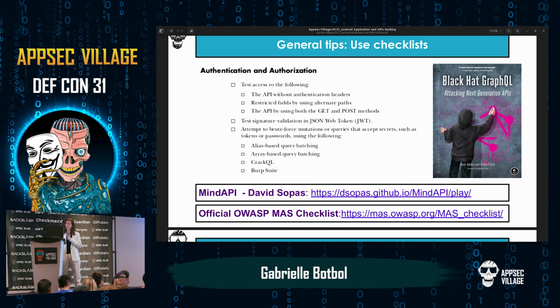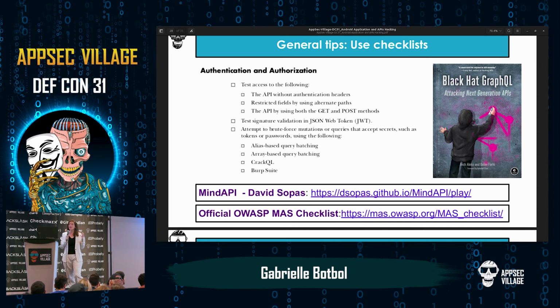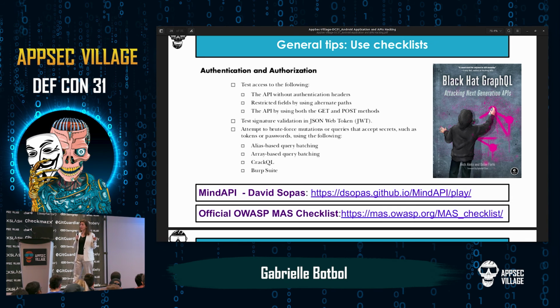And so there are multiple advantages to using a checklist. It's a way to make a consistent and standardized pentest. It's also a way to make sure that you are going to cover every aspect of your target. It helps you stay organized, and you will have a detailed record of your testing activities, which is really convenient because sometimes you might forget what you have tested.